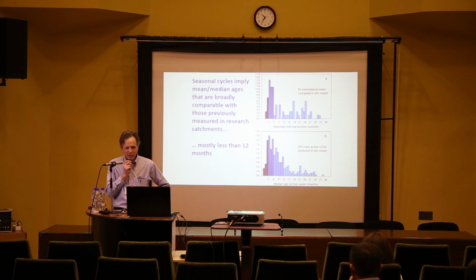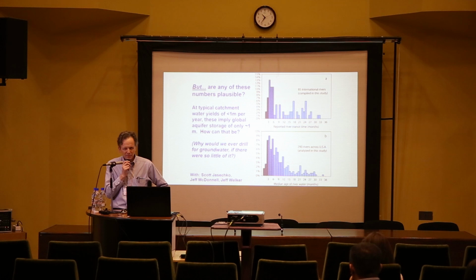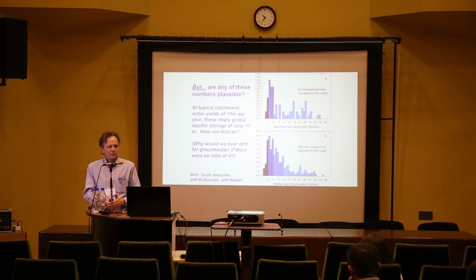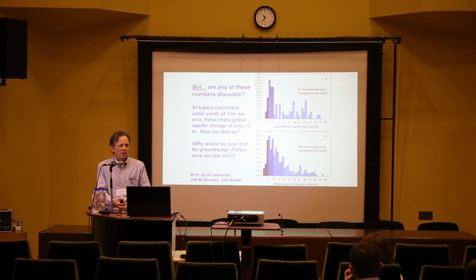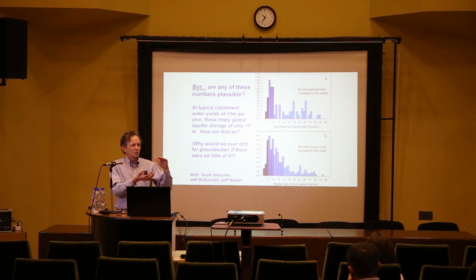And when we got that result, we thought, well, does that make any sense? I mean, if we say that a typical catchment gives you about 1 meter of water per year, just as a round number, and the residence time of that water is a year or less, that means that there's only a meter or less of water stored underground.